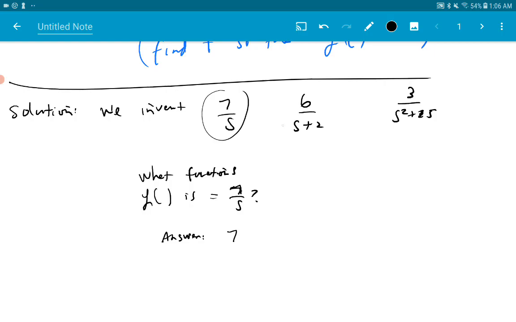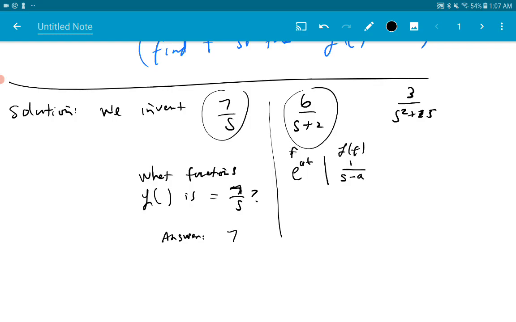Okay, what about this function? If I scroll over that table slowly, you'll notice there's an entry that said e to the at for the f, and the Laplace transform of f was 1 over s minus a.